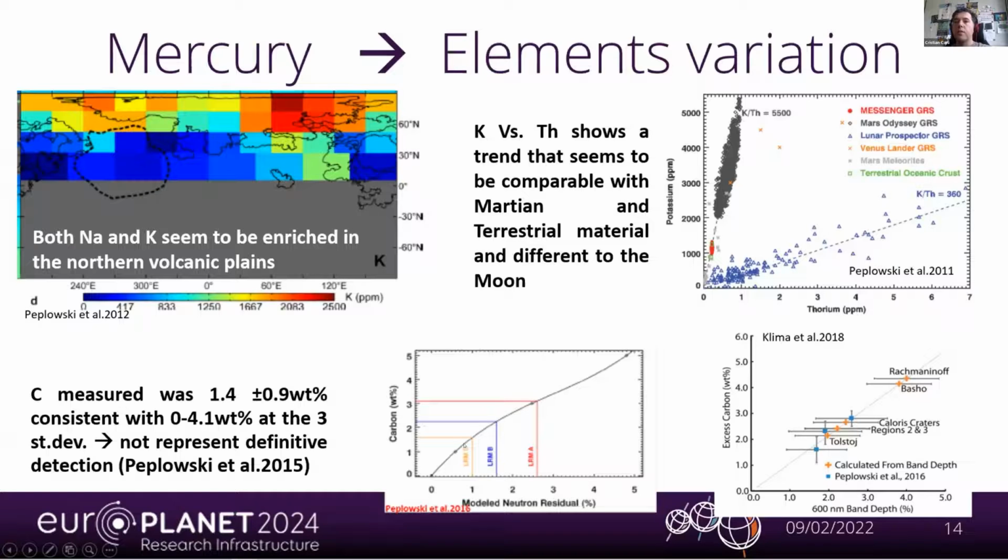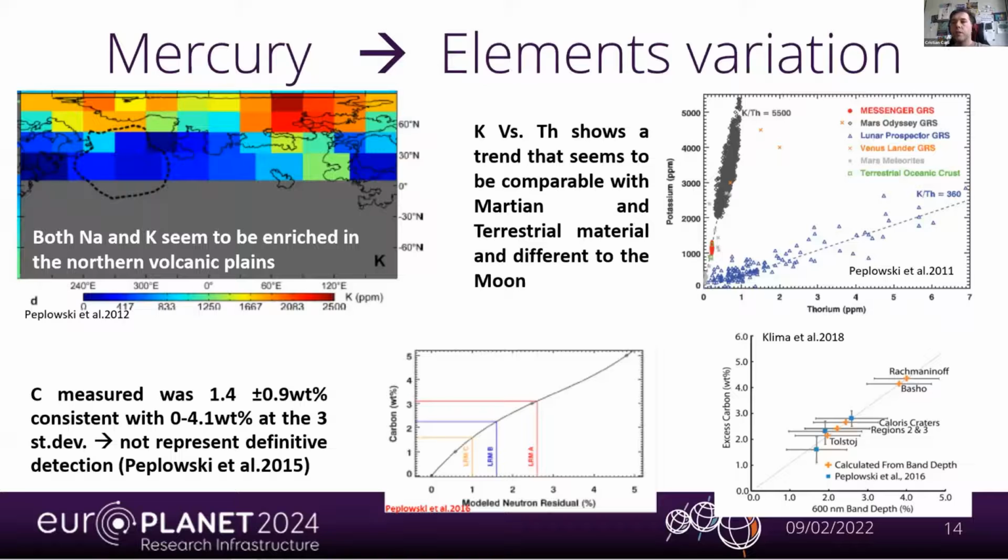And this is quite important because we know that there are some low reflectance regions, and those three regions that were enriched in carbon were correlated with some of this low reflectance material.